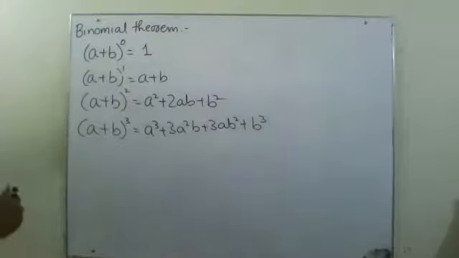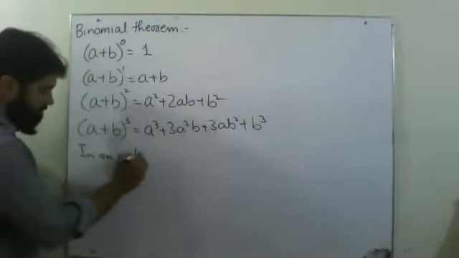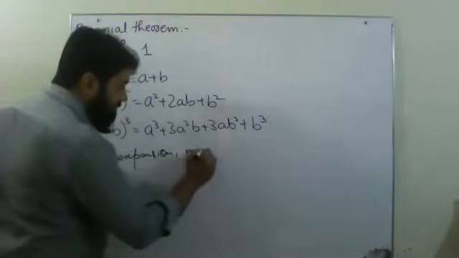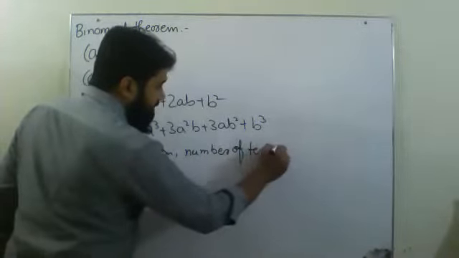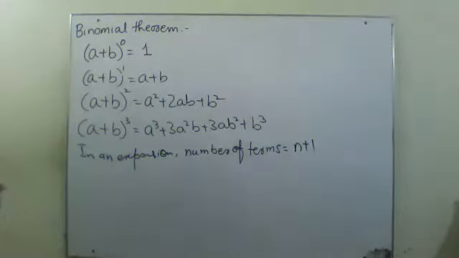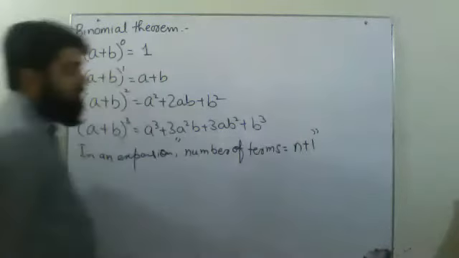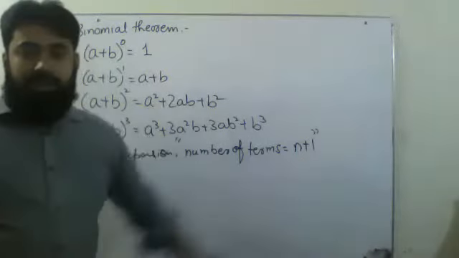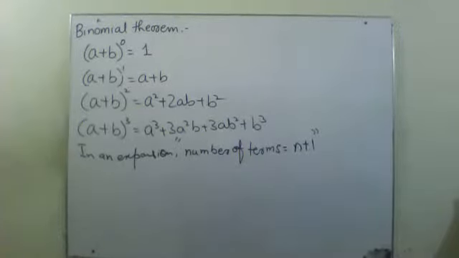So it means in an expansion, the number of terms will be equal to n plus 1. The number of terms which we get after expansion will always be equal to n plus 1. That is the first thing I am giving you over here.